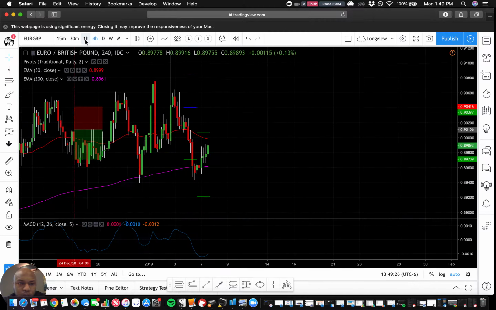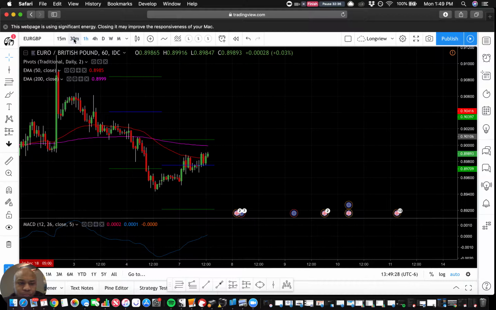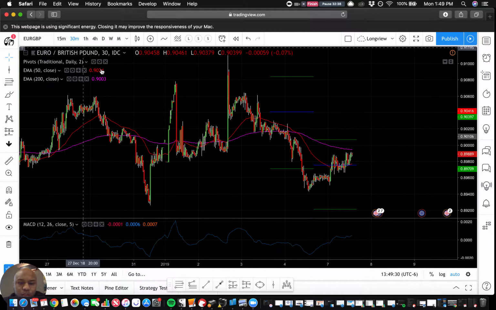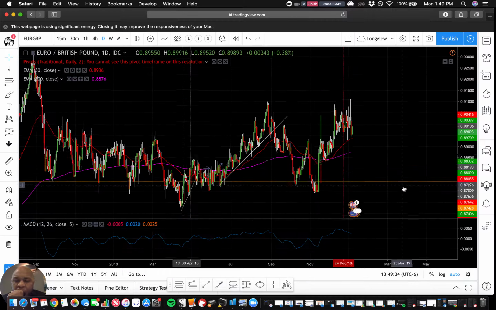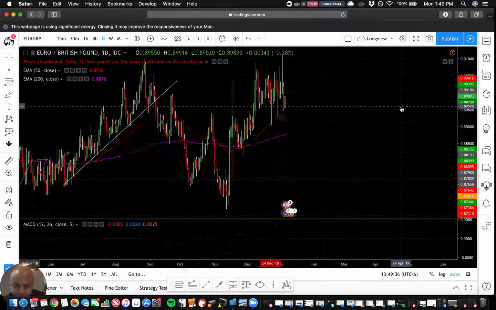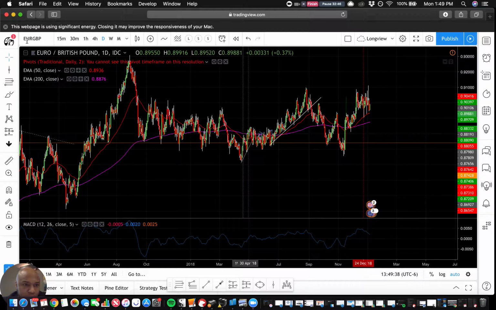We need to break that 50 EMA. Looks like a lot of these are kind of in the same ballpark. Not very clean though. Not very clean at all. Not very easy to tell the direction here.